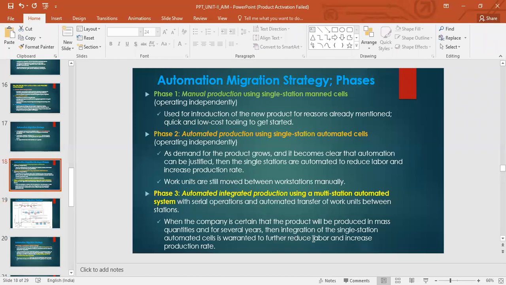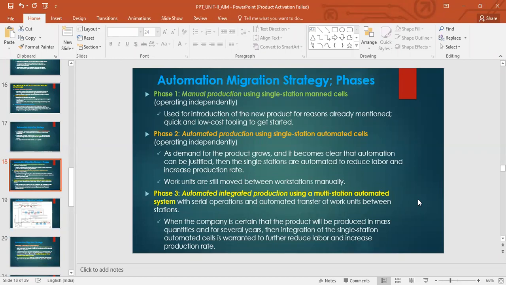When the company is certain that the product will be produced in mass quantities, and for several years, then integration of the single station automated cells is warranted to further reduce labor and increase production rate. So only when you are sure that the demand of the product will be constant, then you go for integration of those single station automated cells.